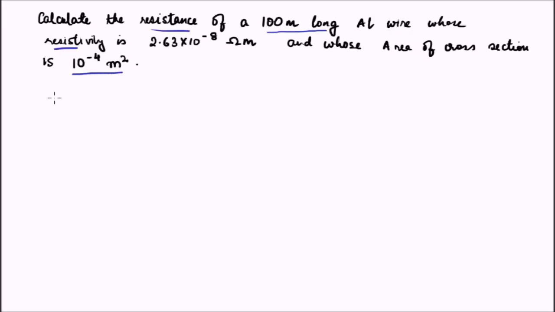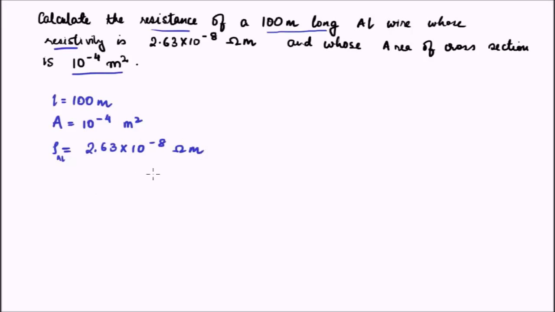We are provided with the length L is 100 meter. We are told that the area of cross section A is 10 to the power minus 4 meter square, and the given resistivity rho for aluminium is 2.63 into 10 to power minus 8 ohm meter.